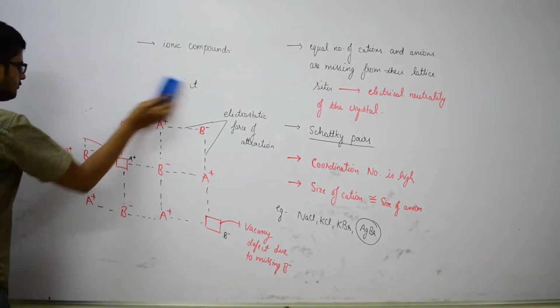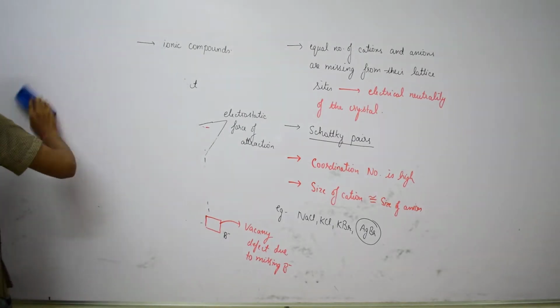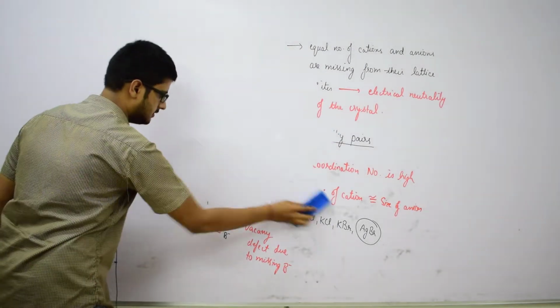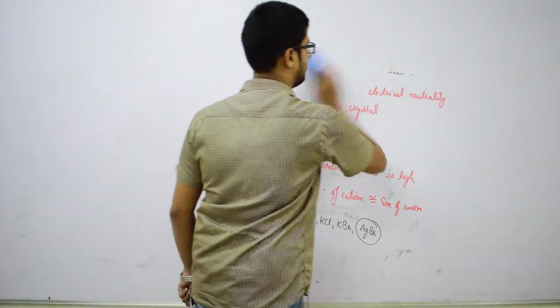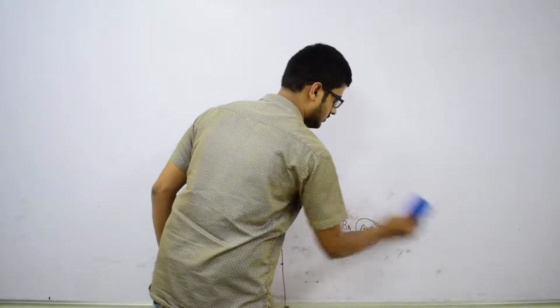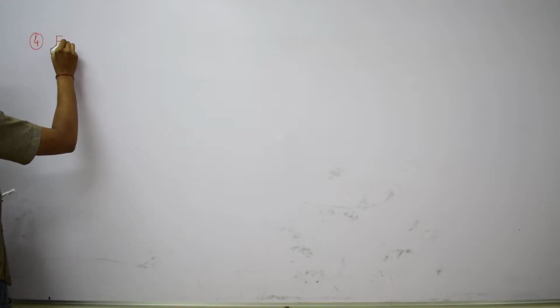Now let us come to the fourth and the last type of stoichiometric defect, that is Frenkel defect.